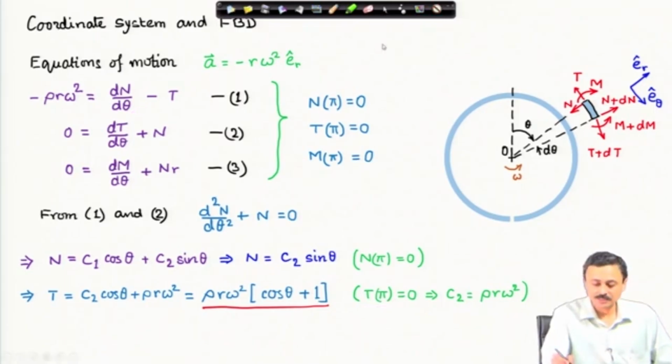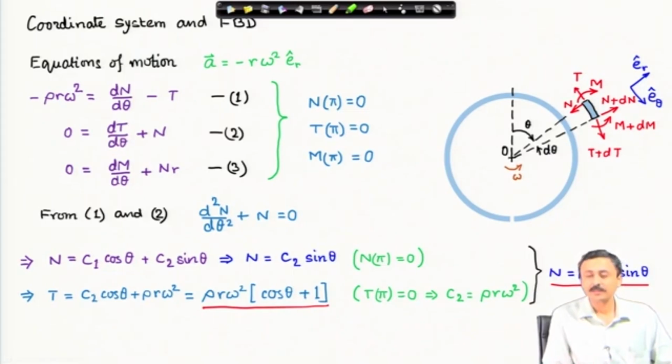Therefore, from this boundary condition on the tension, I can now get the unique solution for the shear force, which is rho r omega square sin theta. And since C2 is now known, I already have the variation of the ring tension.